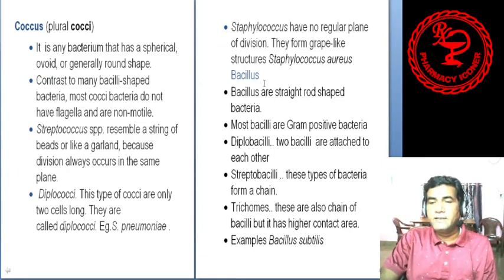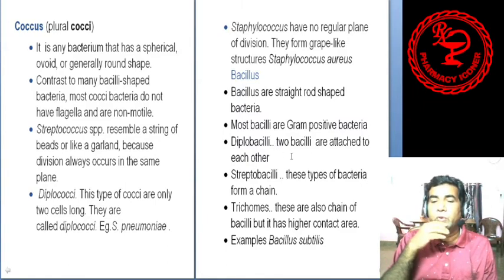Now bacillus: these are straight rod shaped microorganisms. Almost all bacilli are gram positive rods. Diplobacilli means, like the cocci, two bacilli are attached, not side by side, but head to head.